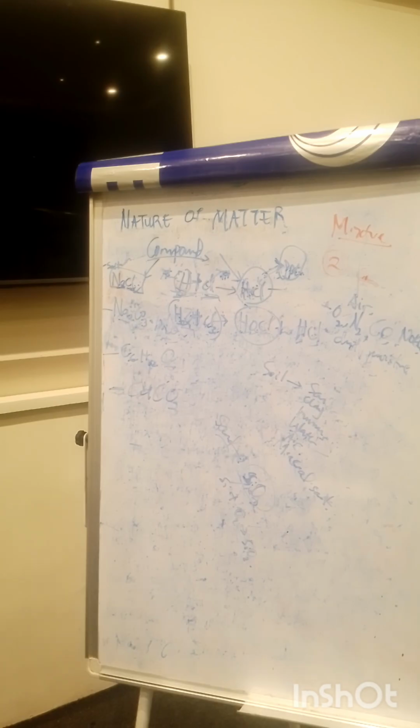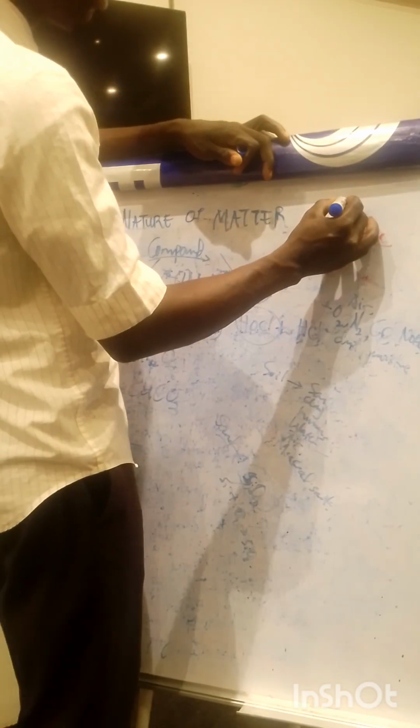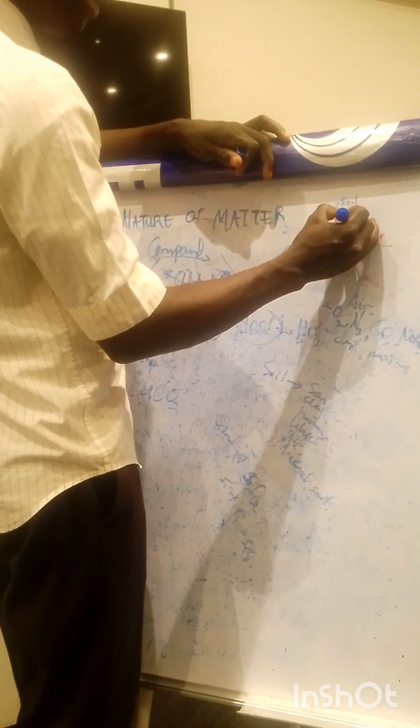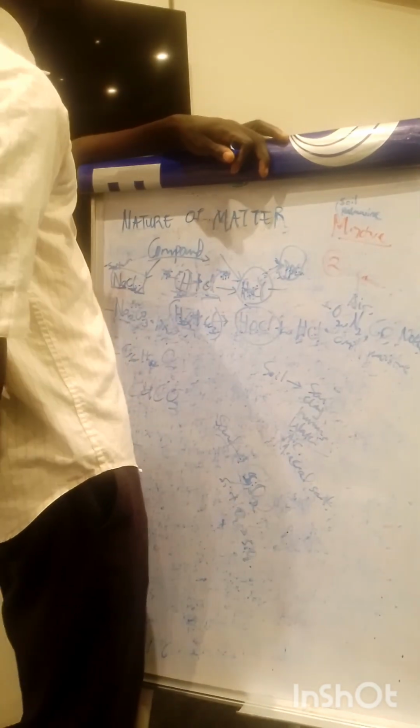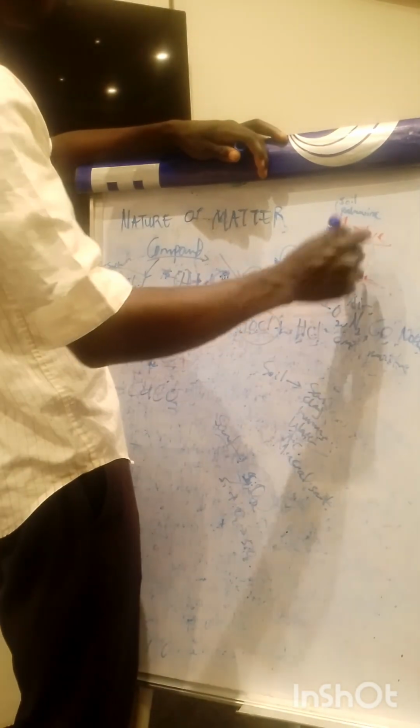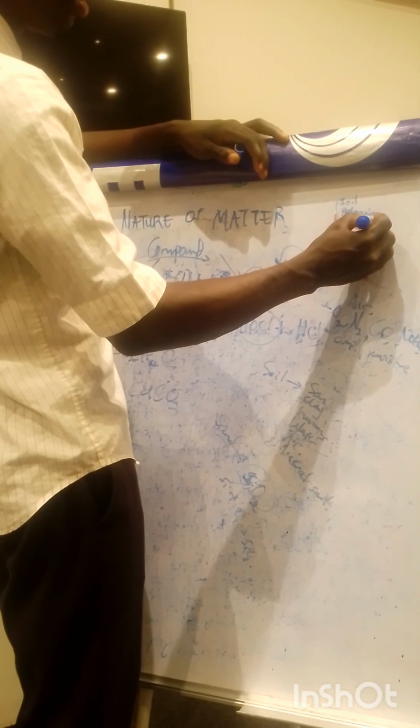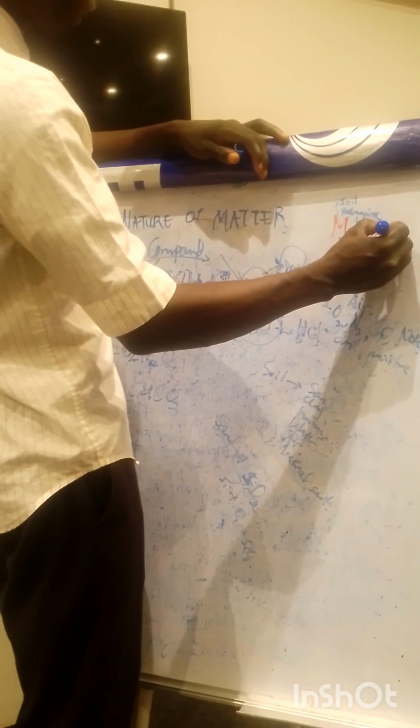So let's check more mixtures. Let me just give you the examples of mixtures that we have. Under mixtures we have our soil, our palm wine, our blood. Our sugar?